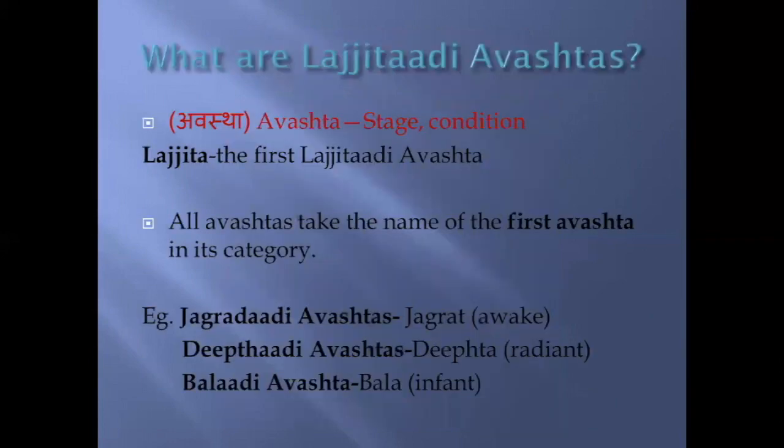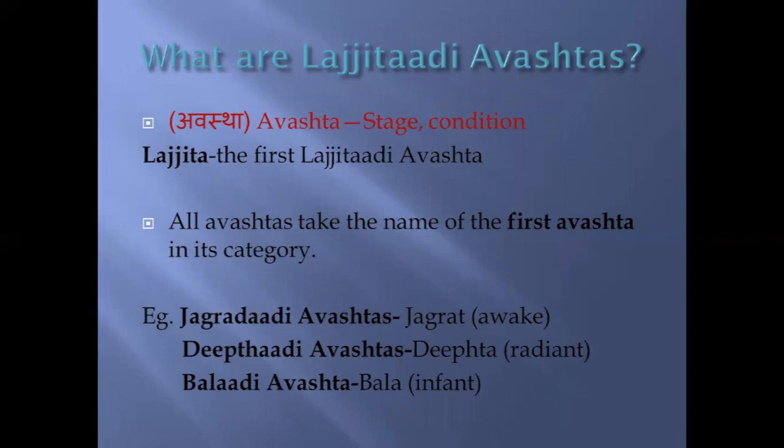Now, what are the Lajatati Avashtas? Well, Avashta means stage or condition in Sanskrit, and all Avashtas take the name of the first Avashta in its category. There are different types of Avashtas, such as the Jagradati Avashtas, Diptati Avashtas, Baladi Avashtas, and they all take the name from the first Avashta.